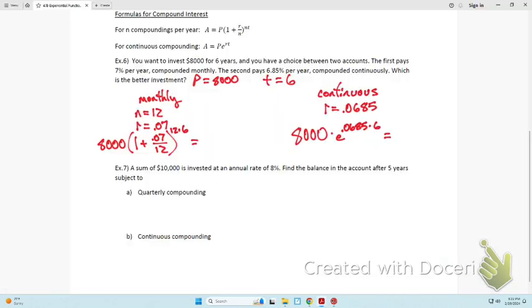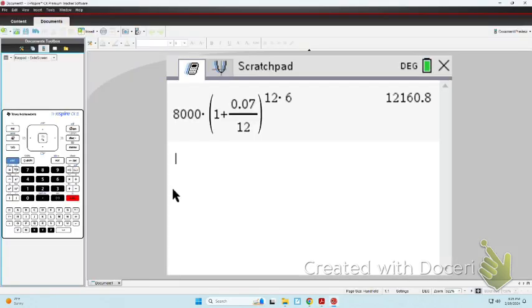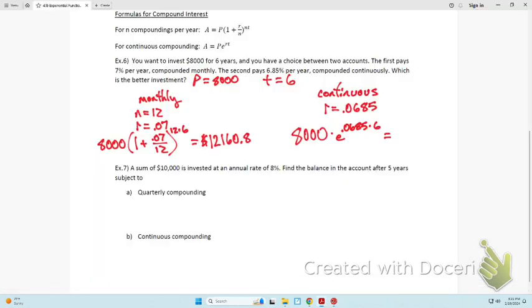12,160.8. I think it's actually 84. Let's look. If you highlight it, because it rounded, and hit enter, yeah, 84.